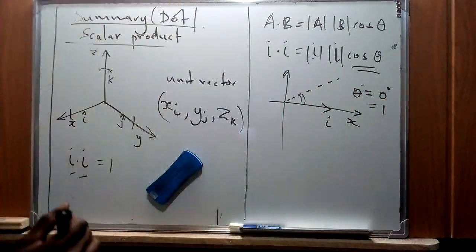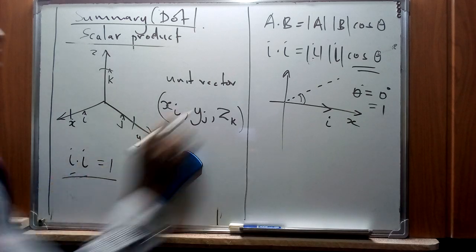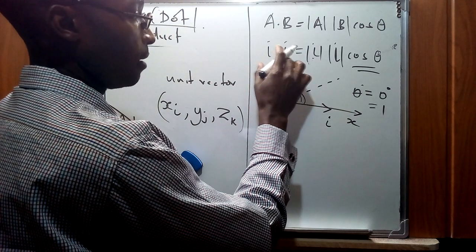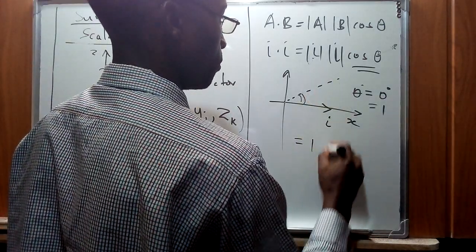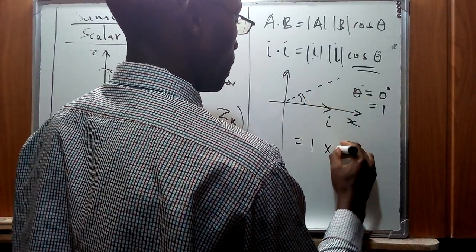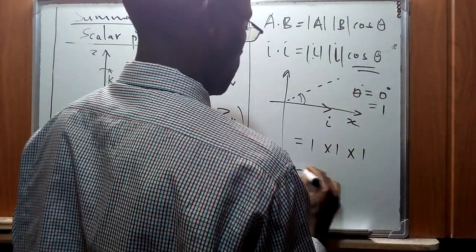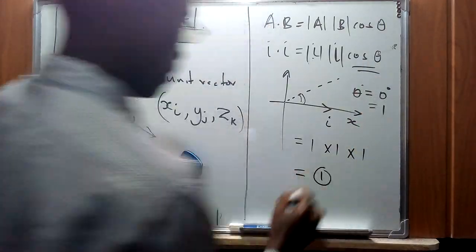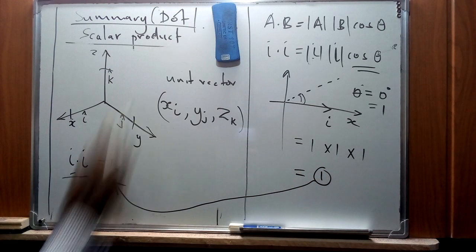This being a unity vector, the concept of unity implies that the i direction is just 1. So basically the modulus for i is 1, and then for the other i is 1. The cosine of 0 is 1. So this is going to give us a product of 1, which basically implies our rule that we have already stated here.